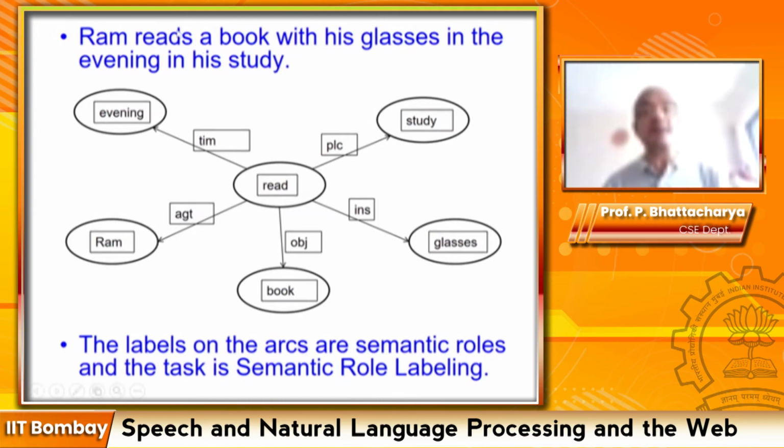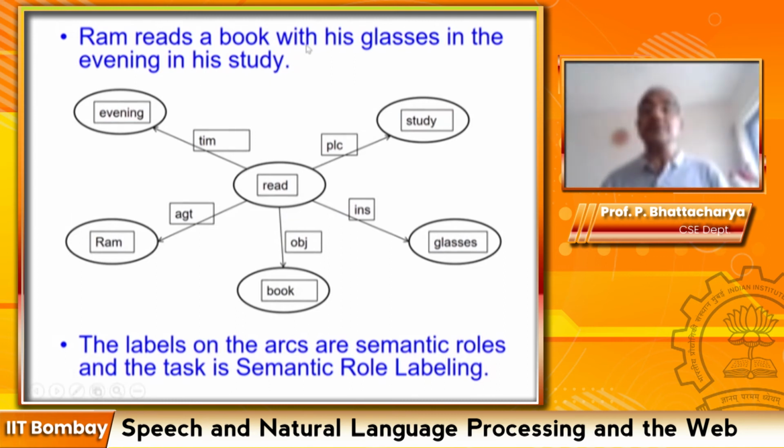So remember this term, we call them arguments. We'll encounter them later also. So a book is satisfying the object argument requirement for read. Ram is satisfying the agent requirement for read. So the essential nouns which are required to establish the sentence are called arguments.